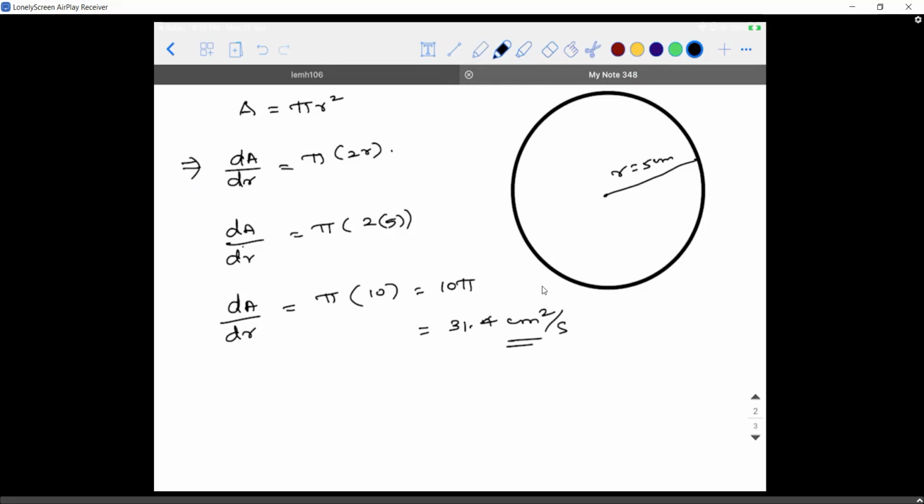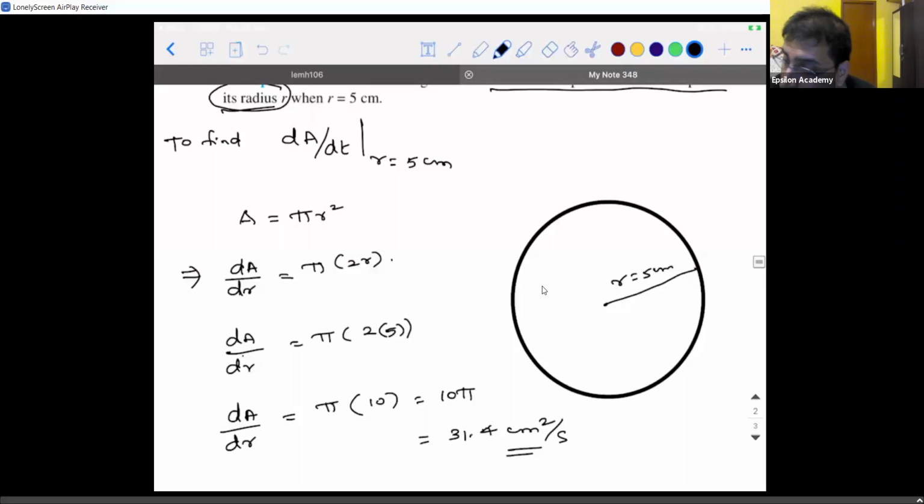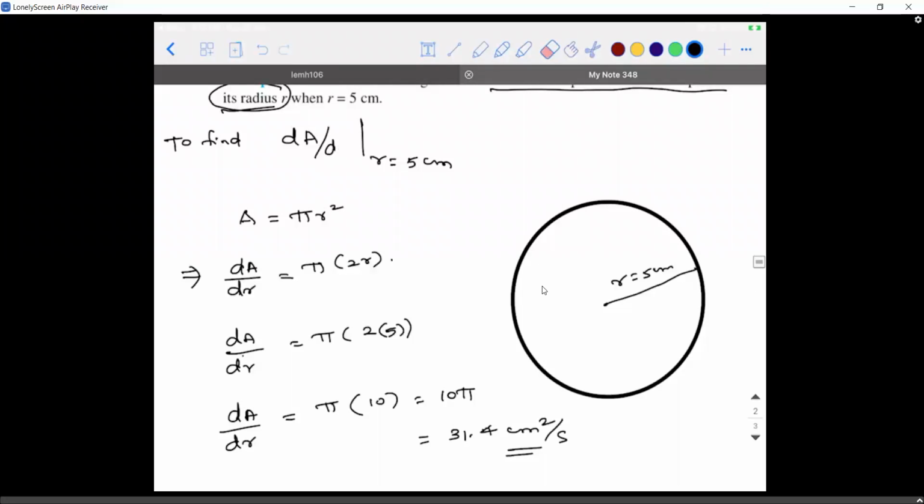Sir, I have a doubt, sir. Please tell me. Sir, when you took the derivative, why shouldn't the pi be 0? Which one? Sir, dA by dr, pi 2r, sir. I don't understand how, sir.